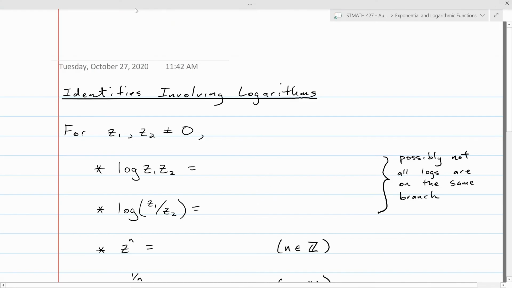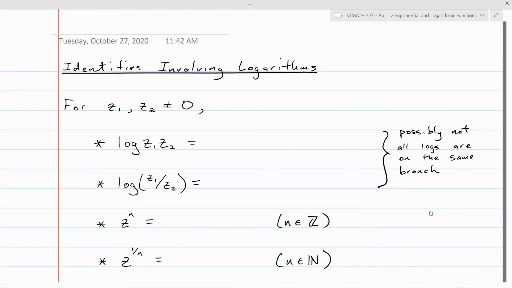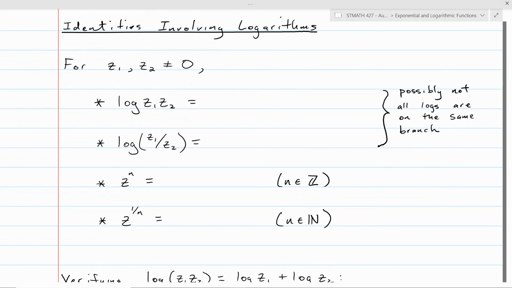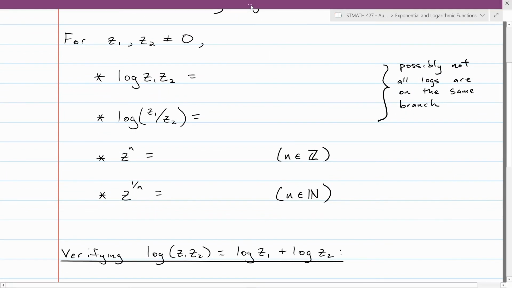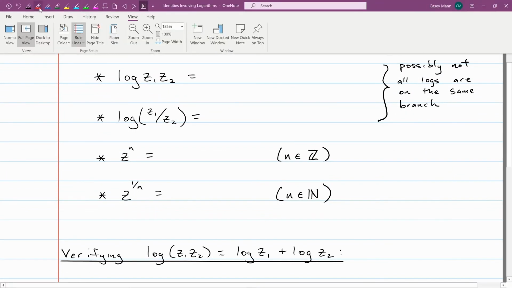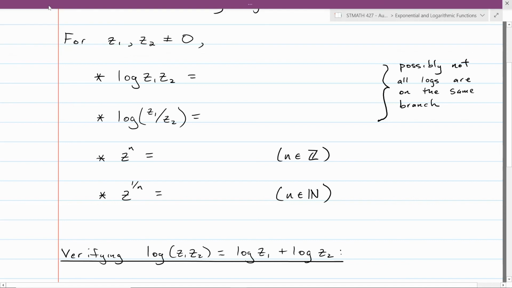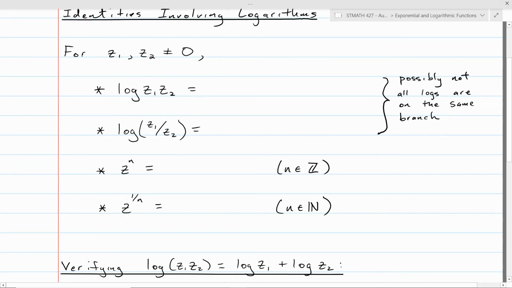Okay, let's talk about some identities that are sort of universal. The four that I have listed here, that I'll give you the right-hand side for, are sort of absolute identities, but we're back to, I haven't specified any branches on these. So we're talking really about sets of numbers.